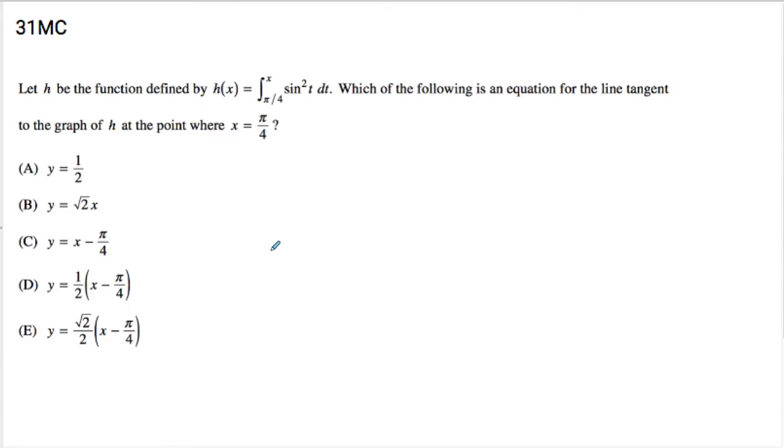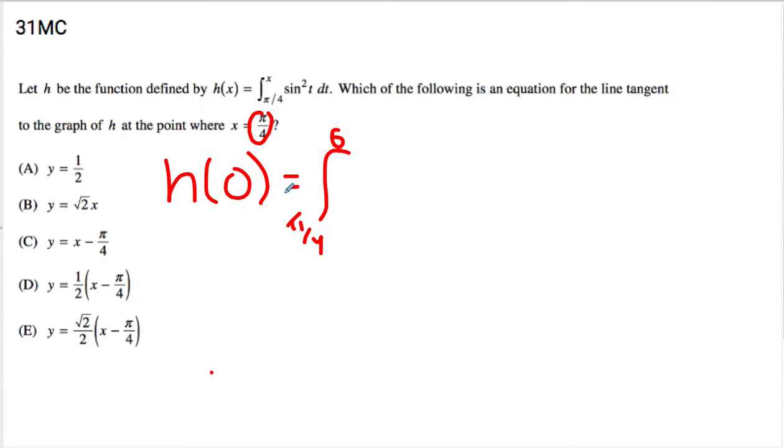All right, multiple choice. Let h be the function defined here. Which of the following is an equation of a line tangent? All right, so if we want a tangent line, we need two things. We need a point and a slope. We'll find a point first by doing h of 0. I'm sorry, it doesn't say h of 0, it says h of pi over 4. So it'll be from pi over 4 to pi over 4.